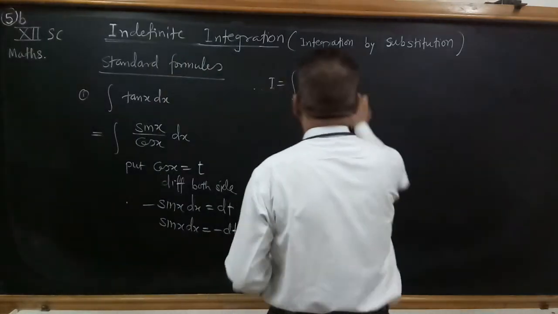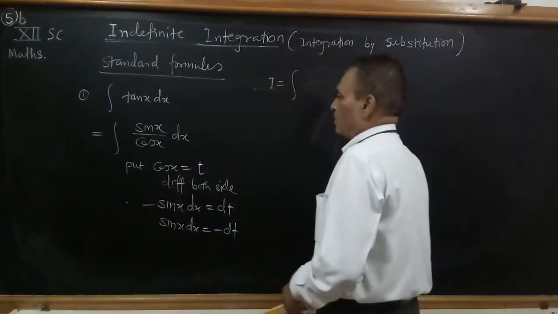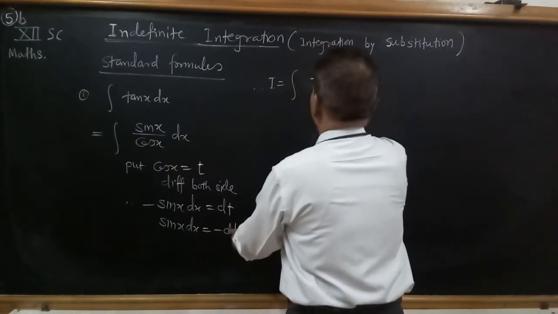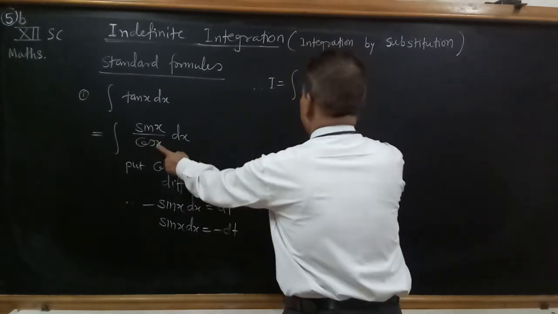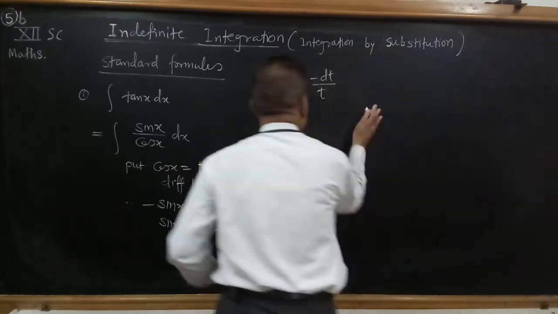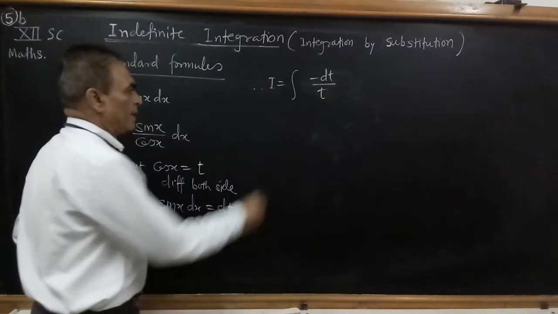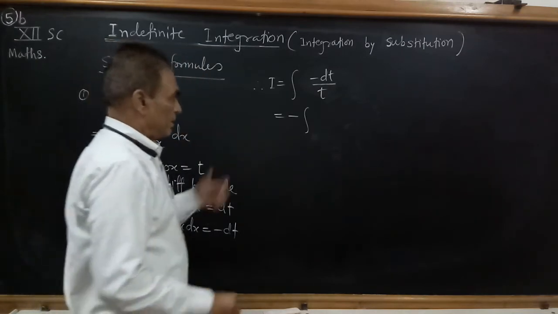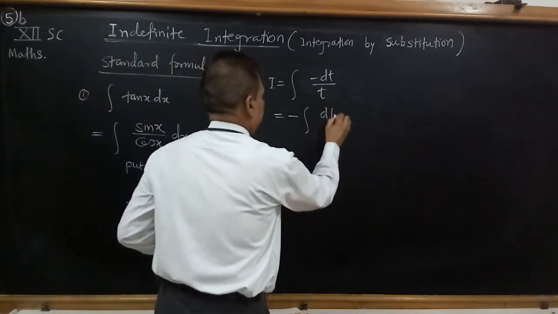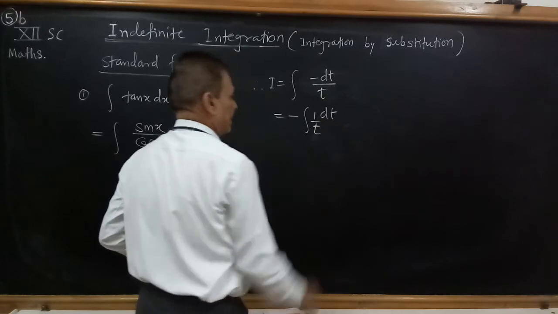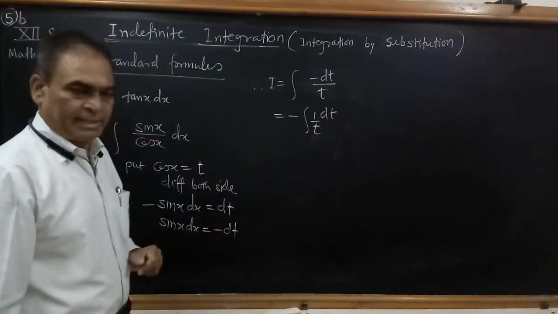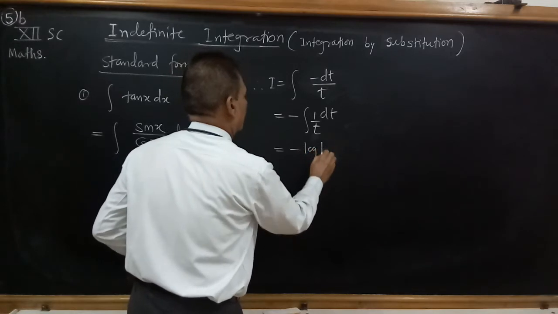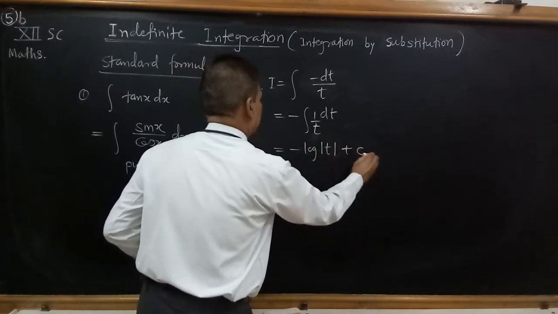It becomes: sin x dx is nothing but minus dt, and cos x is equal to t. The negative sign you can take outside the integration, dt divided by t. And what is the integration of this? Which is equal to log of mod of t plus c.